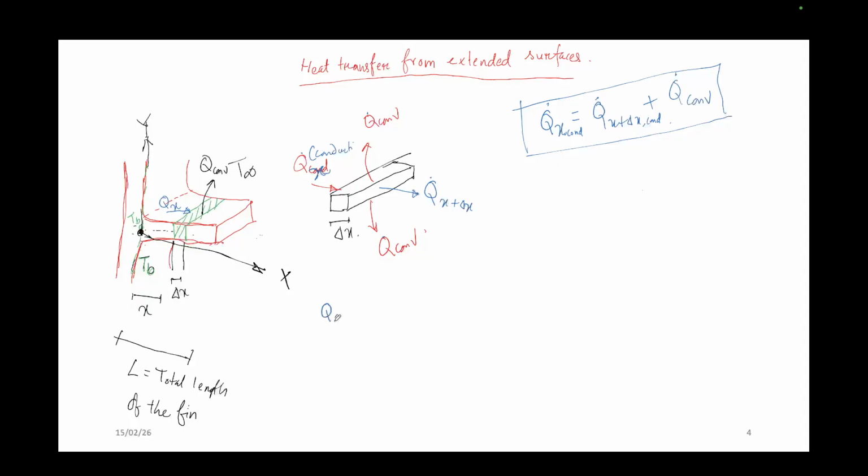Just tell me a few things. What is the formula of Q convection? Can you remember? H A? Yes, H A into T minus T infinity. That is the equation, it is correct. But why am I not writing area here?